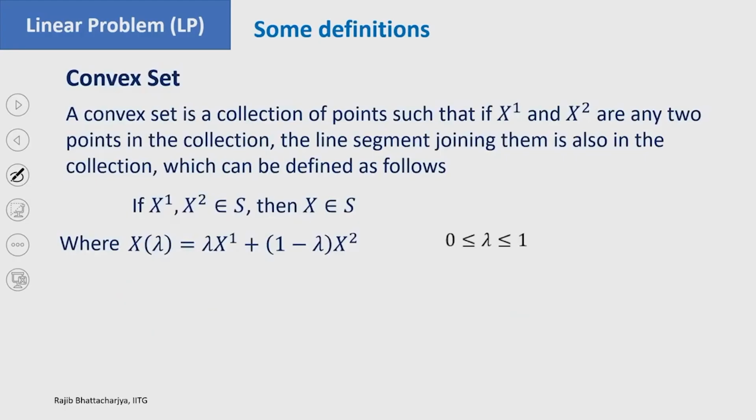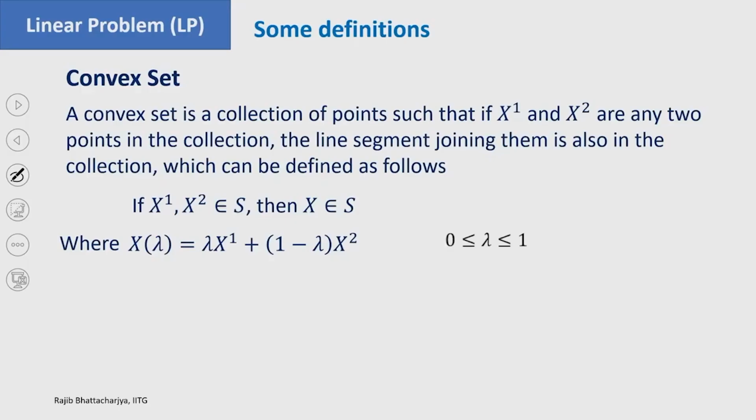Now, what is a convex set? I have already defined what a convex surface is, and let us see what a convex set is. A convex set is a collection of points such that if x 1 and x 2 are any 2 points in the collection, the line segment joining them is also in the collection.